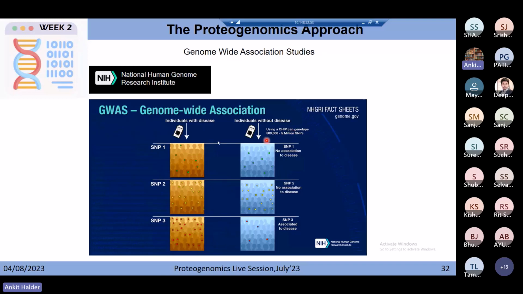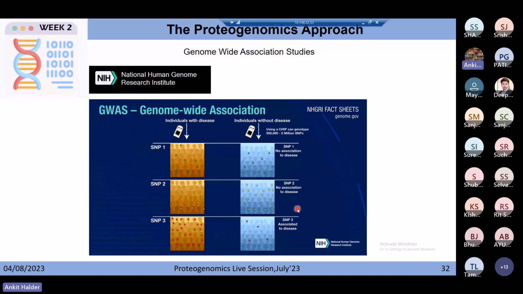So this is SNP1. Here there is no association with disease. Individuals with the disease and individuals without the disease, so these SNPs have no effect. This is SNP2. This also has no association to the disease.